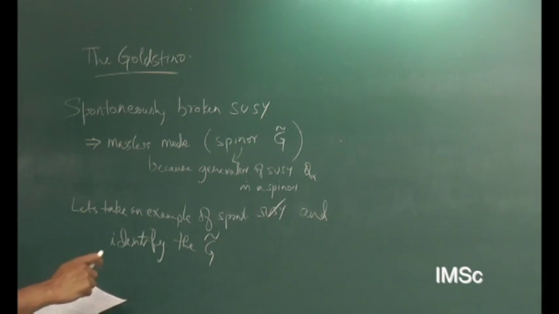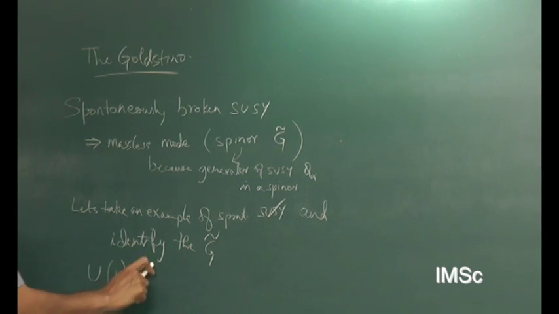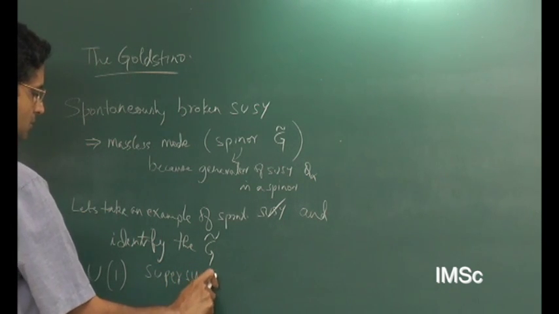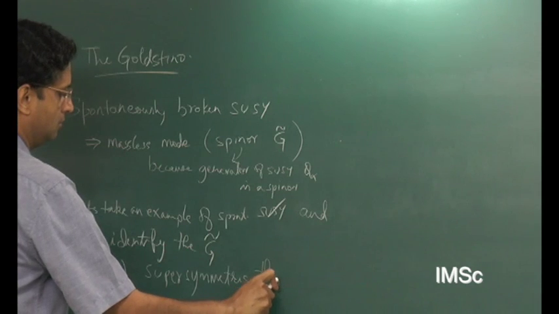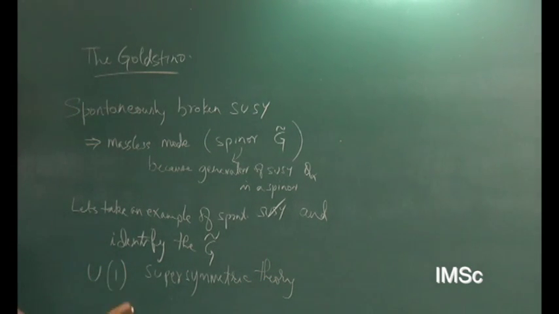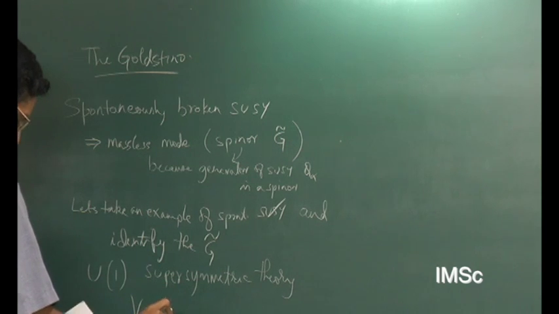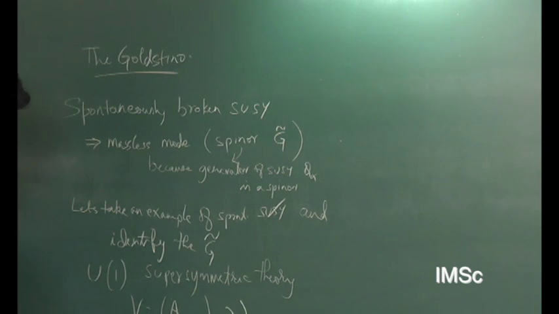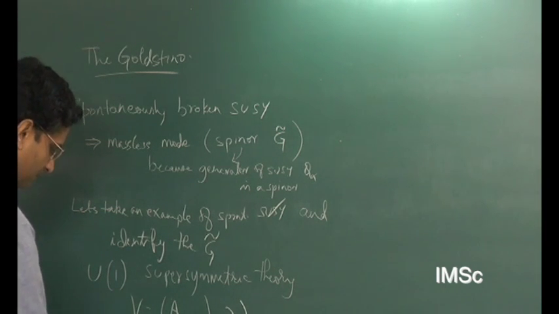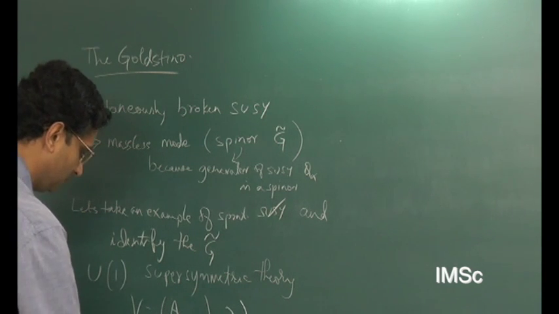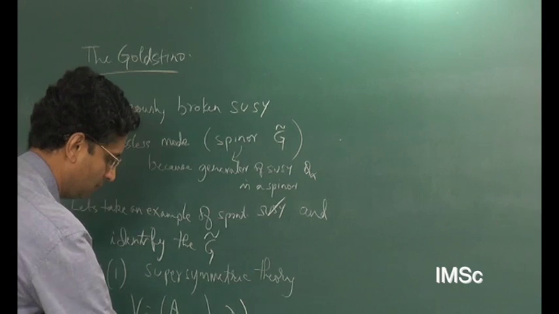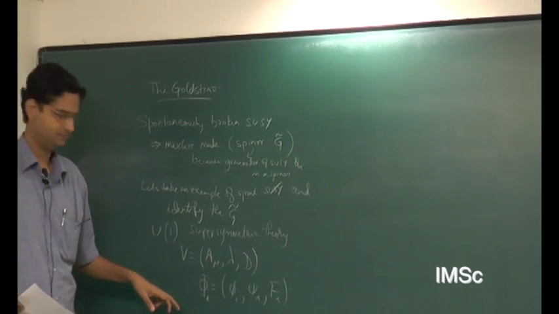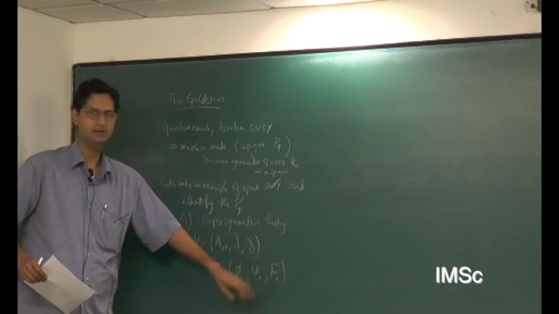So let's take a U(1) gauge theory with a chiral multiplet, some number of chiral multiplets phi I. Right, so the vector multiplet has a gauge field, the gaugino and the D term, and the chiral multiplet has a scalar, fermion, and the F term.